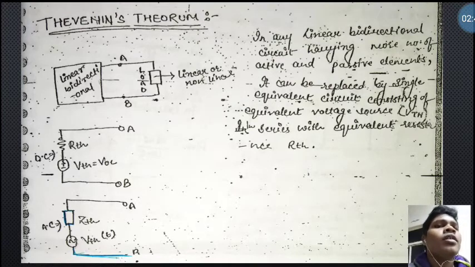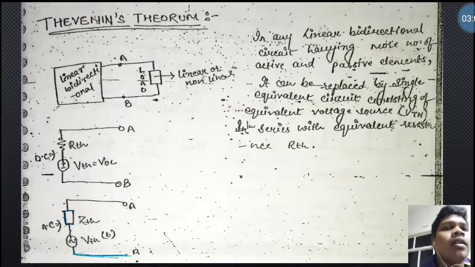Now, that circuit can consist of many active and passive elements that are linear and bidirectional. I have already told you what linear and bidirectional mean. Those elements can be connected in a complex manner.